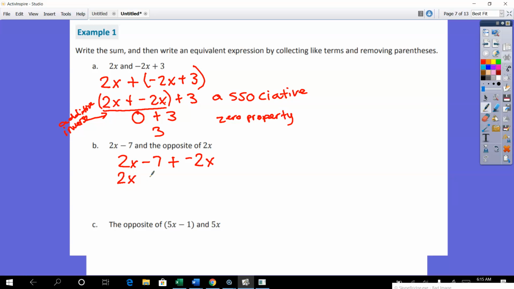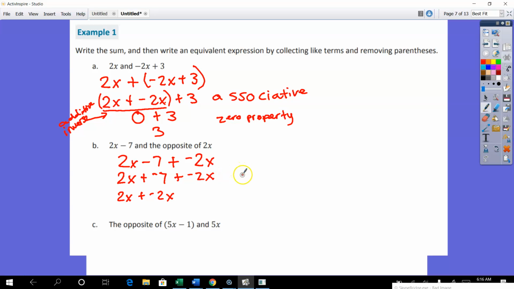So 2x, instead of a minus, we're changing it to a plus, and we have to make 2 changes. So negative 7 plus negative 2x. So I'm going to put my x's together. So I have 2x plus a negative 2x.